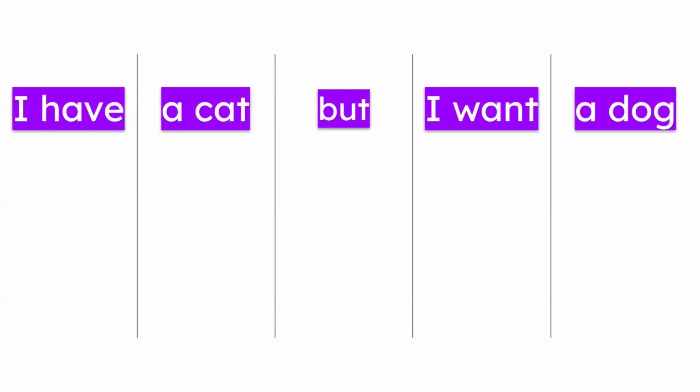3, 2, 1, 0. Okay? How did it go? I hope you did this because this was a very simple one, right? Okay, let's take a look at the answer. I have a cat.